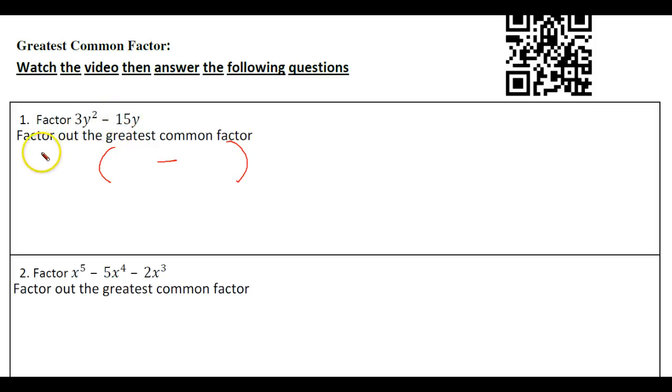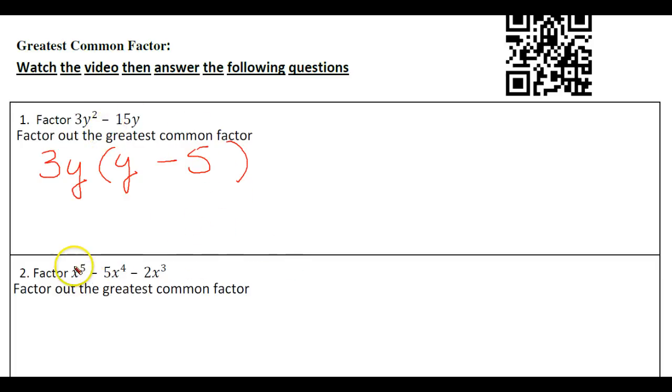Well, we can take a 3 out. And here we have a y to the second and a y. In terms of the letter, what's the greatest power that we can take out of each term? And it's a y. So now we divide each of these by that, and here we're left with a y there, and here we're left with a 5. And if we distributed this, we get that, and that checks our answer out.